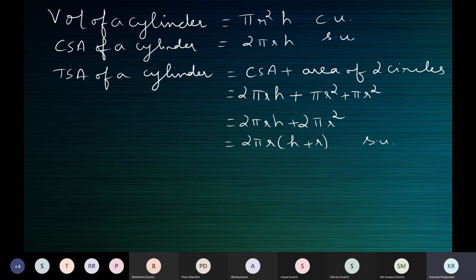For standard 9, the formulae were explained, like how we get these formulae. So I'll share that video. That's done in 9th standard, as to how we come up with these expressions, pi r square h, 2 pi r h.